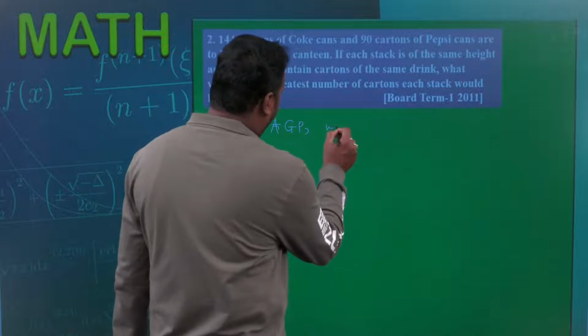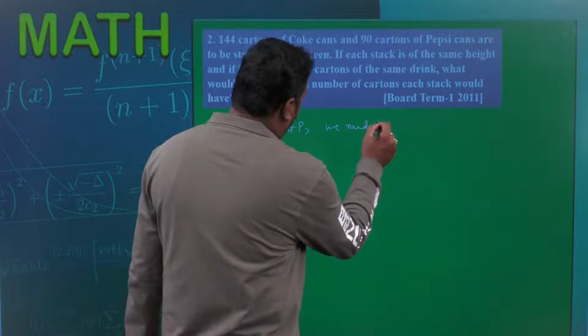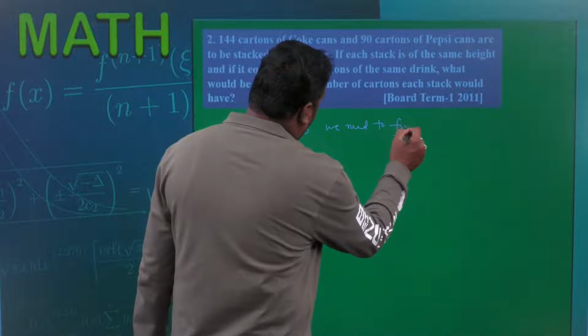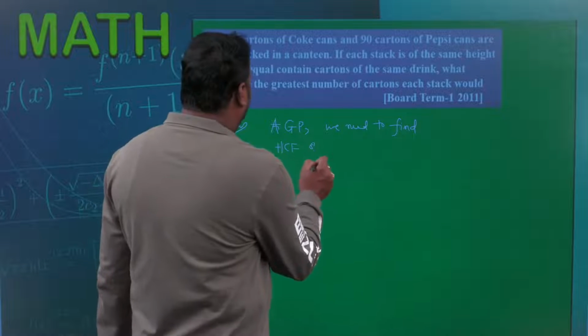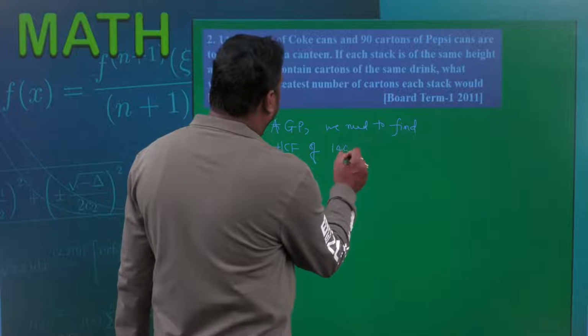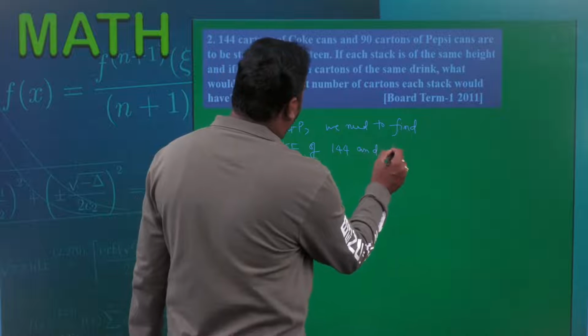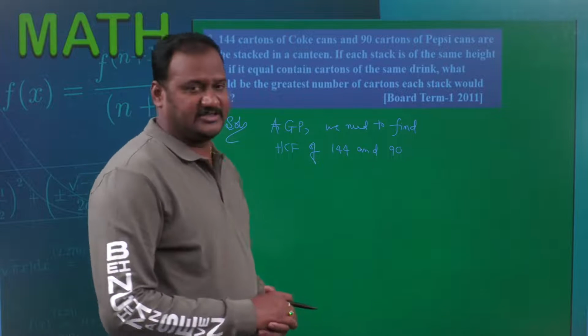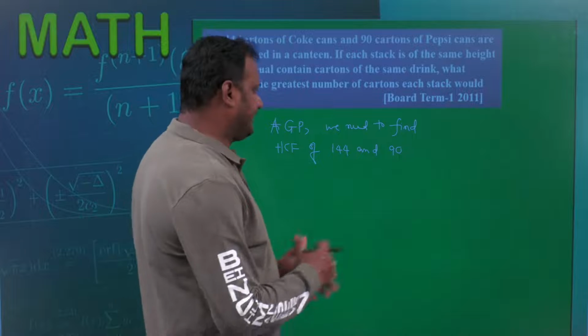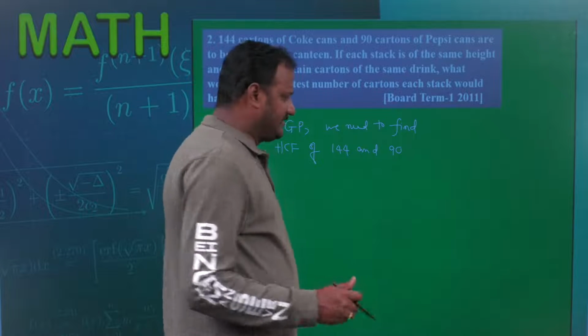So according to the given problem, we need to find the highest common factor of 144 and 90. How do we find the highest common factor of 144 and 90? Let's go by any one of the methods.